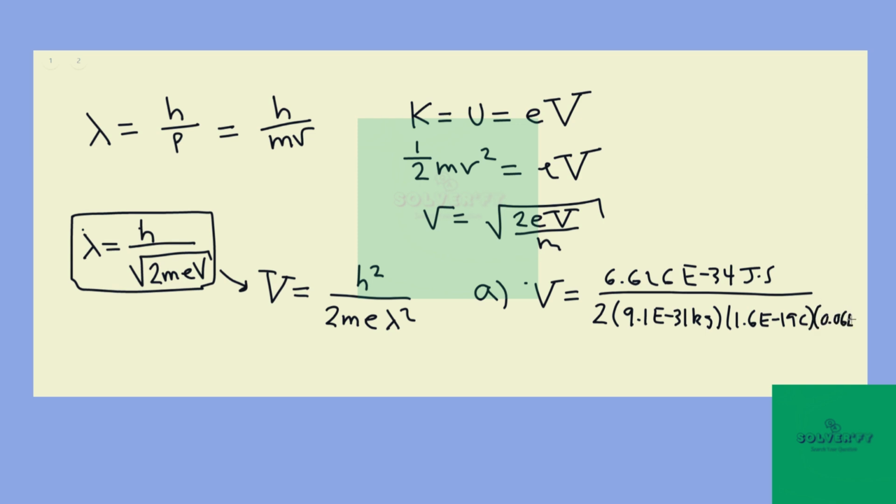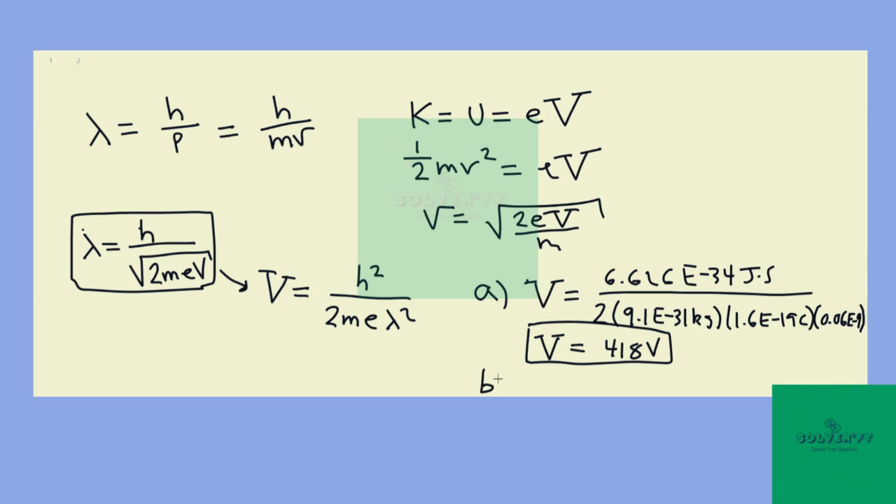So this is 0.06 e negative 9. Almost running out of space. So plugging this all in and computing, we would have a V equal to 418 volts for part A.